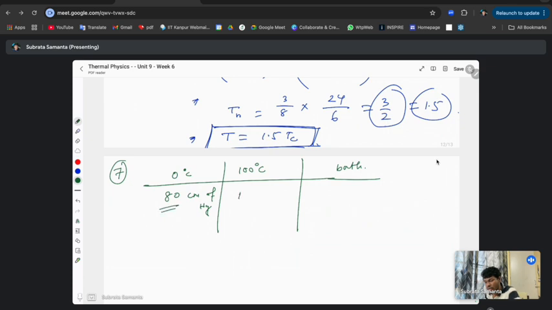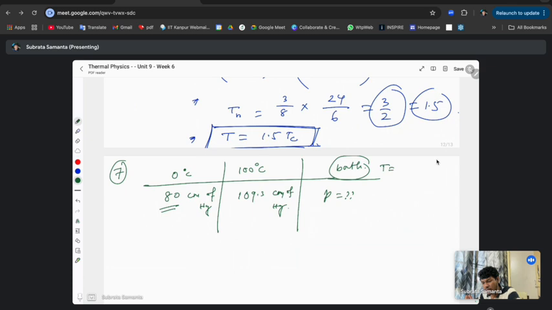And for the hot bath, you have to calculate.